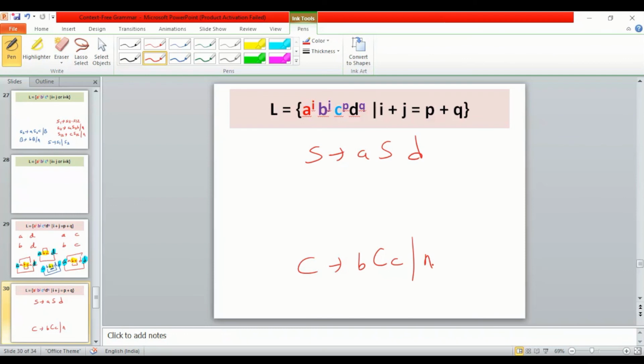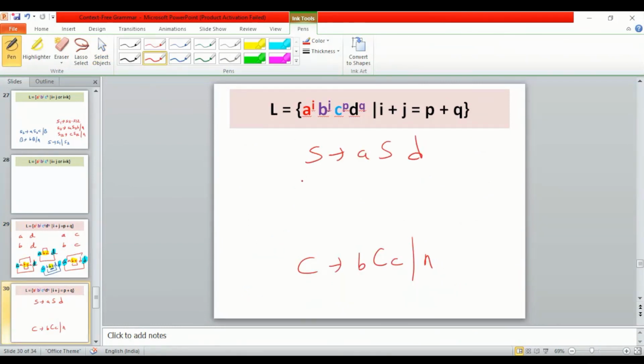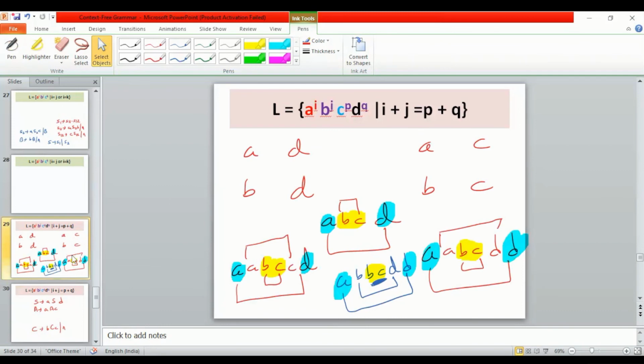Now we have other levels like A and C should be together, as you can see here. A and C should be together, and B and D should be together, as you can see here. So now for that we'll write A as a non-terminal. Now A and C should be together. So we'll write small a, capital A, small c. Now once you are generating A and C, still you can generate B and C inside it.